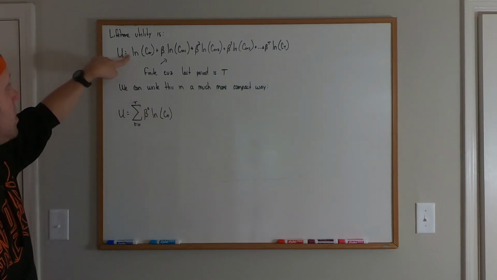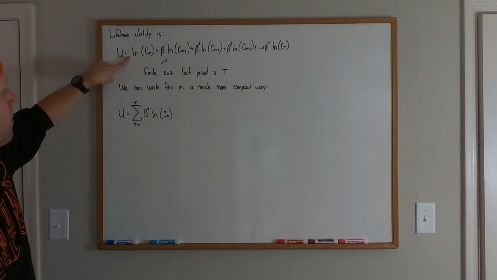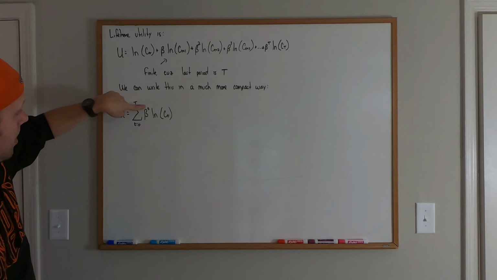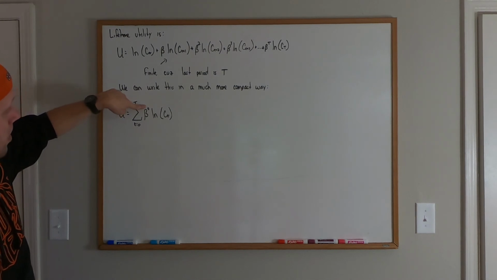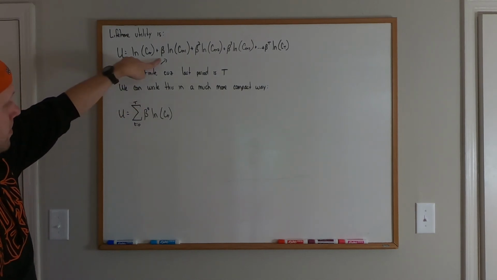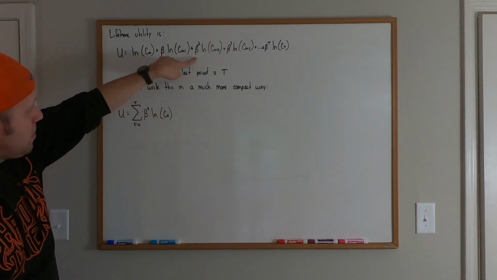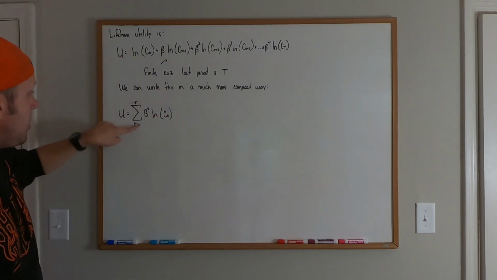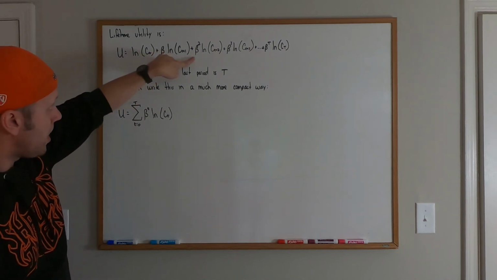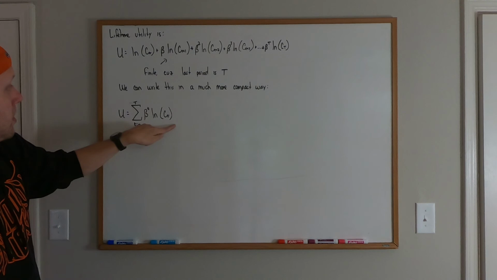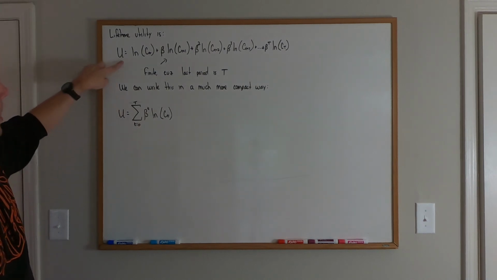Beta is equal to 1 there. If t is equal to 1, the exponent on beta is now 1, which means we just have beta times ln of C_{t+1}, plus beta squared 2 periods ahead. T is equal to 2, beta gets squared, beta squared 2 periods ahead. So this is an easier way to write this.